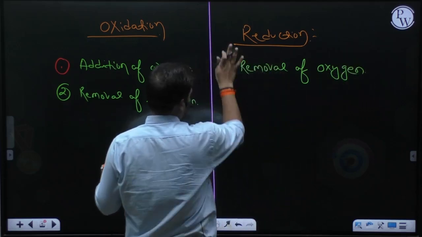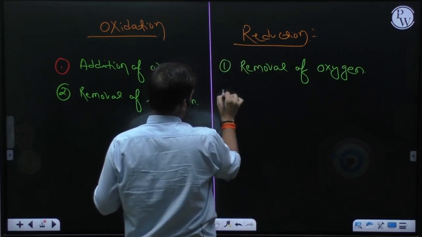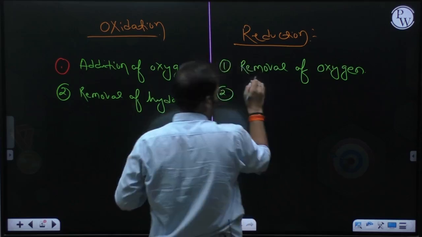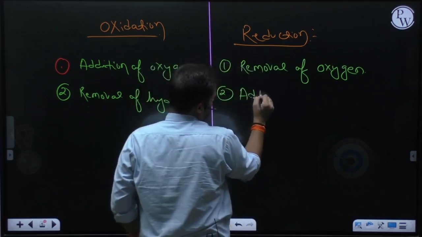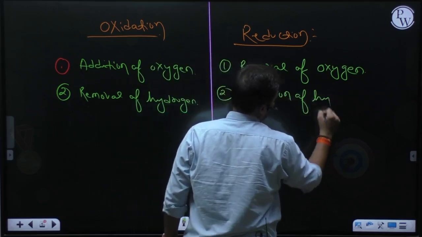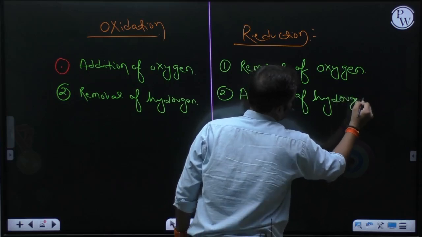And the second definition that I'm interested in: here in oxidation we are removing the hydrogen, but in reduction there will be addition of hydrogen. This is addition of hydrogen.